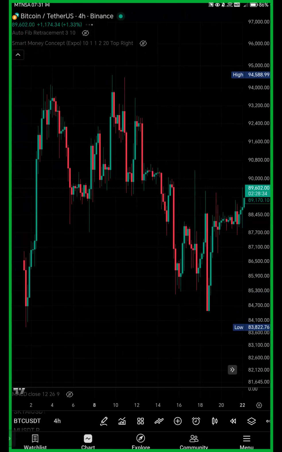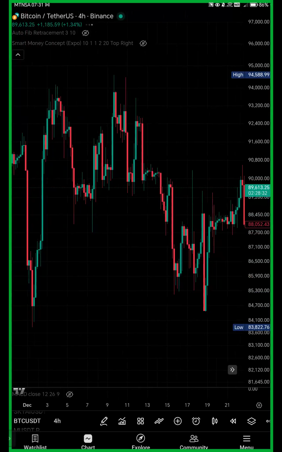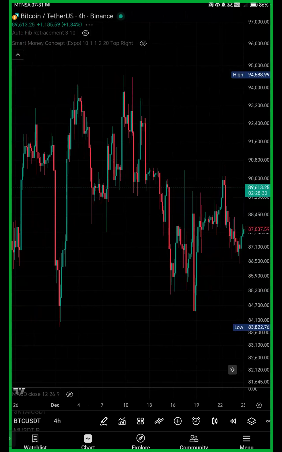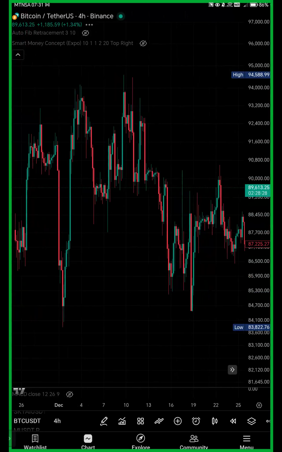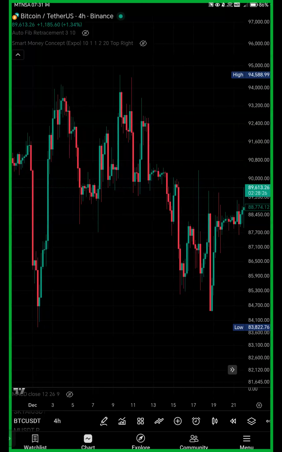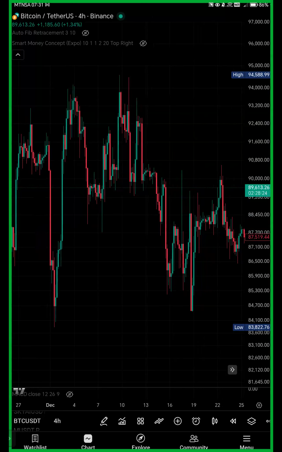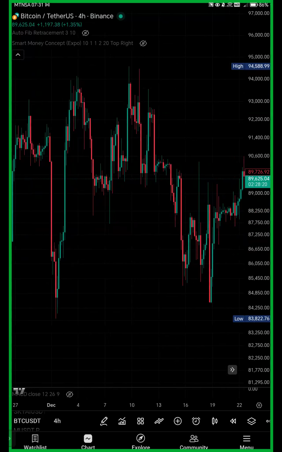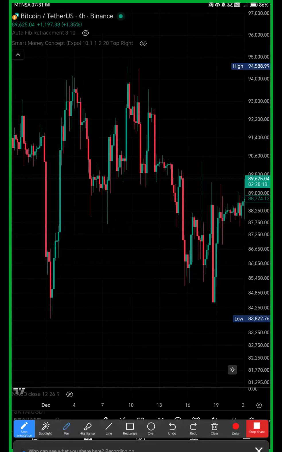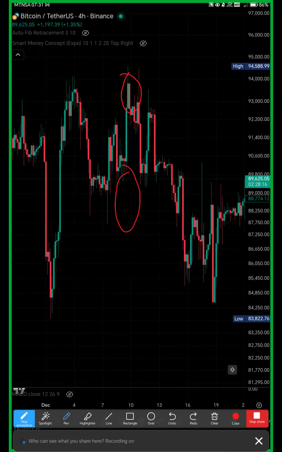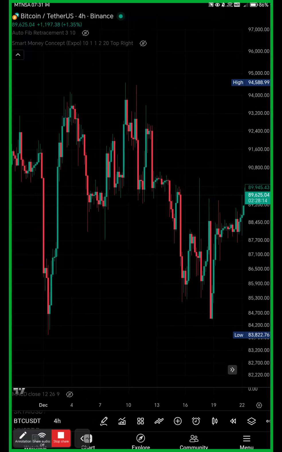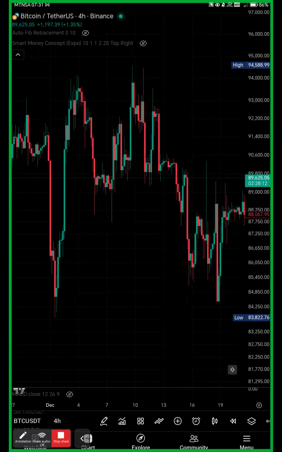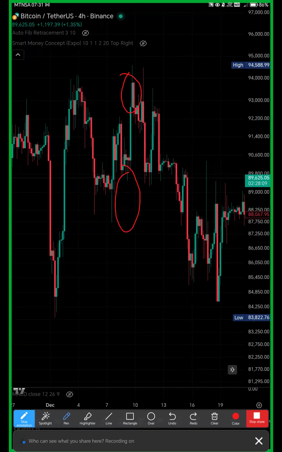I'm minimizing my screen so that you see the direction of the market. I'm going to pose a question to you, but I want you to see the direction of the market in Bitcoin.